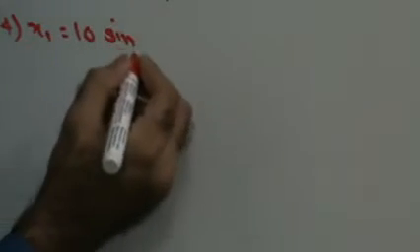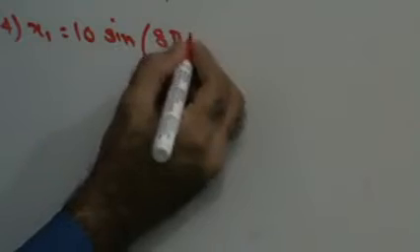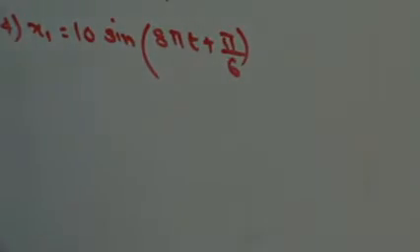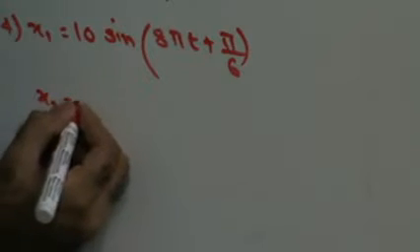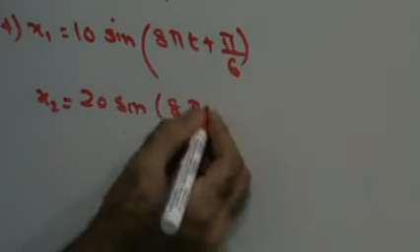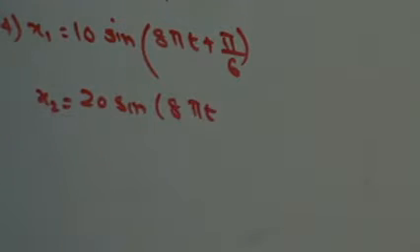Two parallel SHM are given by x1 is equal to 10 sin(8 pi t plus pi by 6), and x2 is equal to 20 sin(8 pi t) meters.